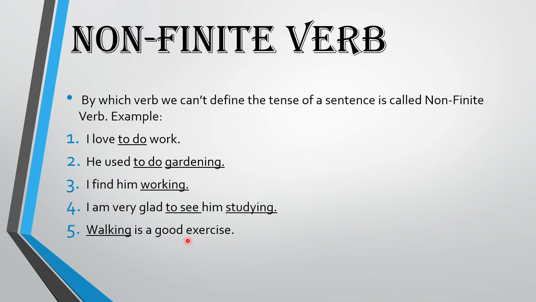But by am, the be verb at the first, which is the principal verb, not an auxiliary verb, it is the finite verb of the sentence. By this, we can define that it is present indefinite or simple present. But by to see or to study, we can't define the tense of the sentence.